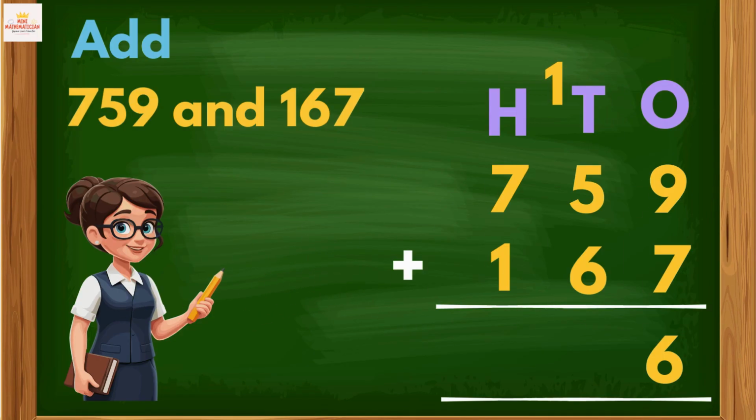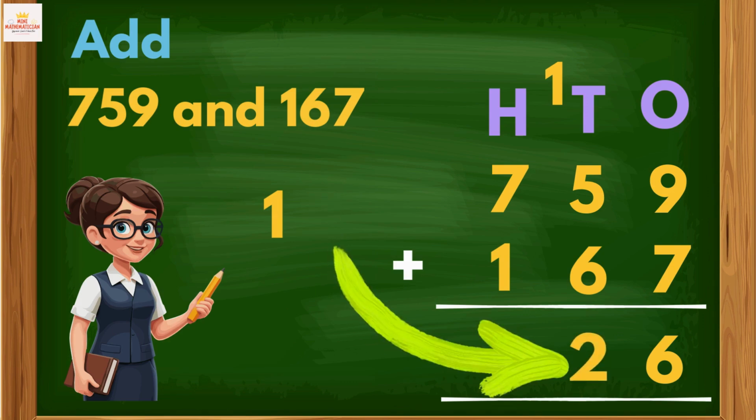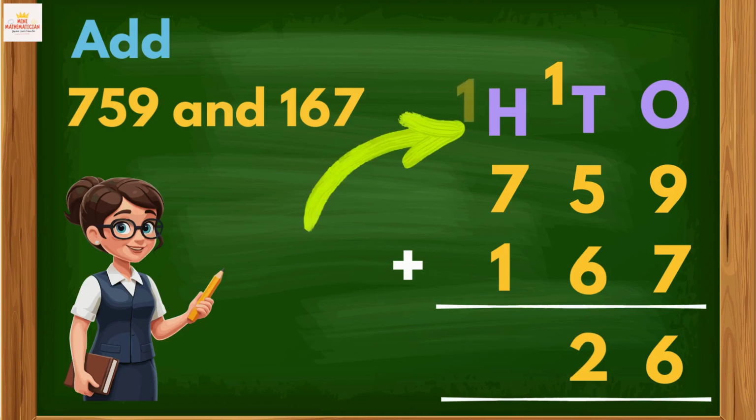Very good. 5 and 6, and we add the carried 1. After adding, we get 12. Again, we have a 2-digit number, so we write 2 in the tens place and carry 1 to the hundreds place. Now, what is the next step?